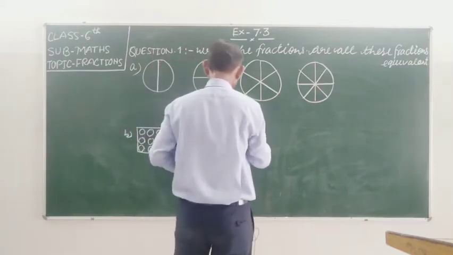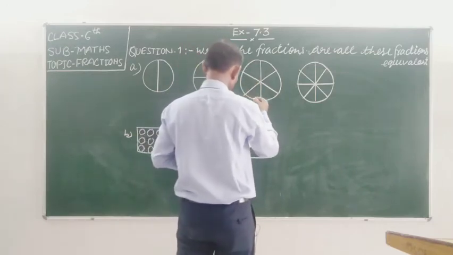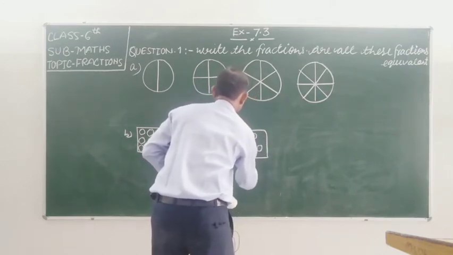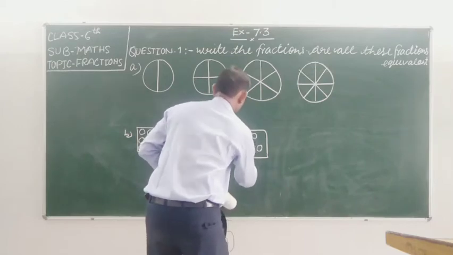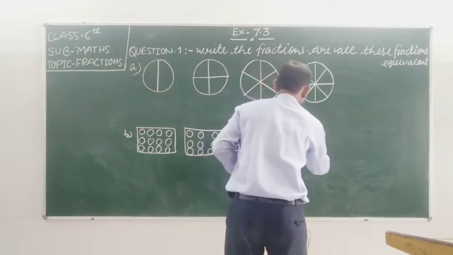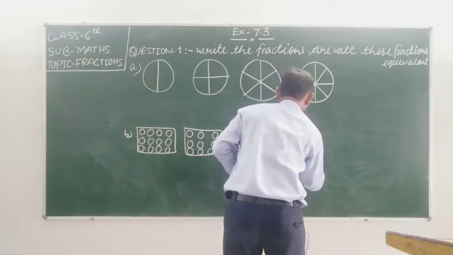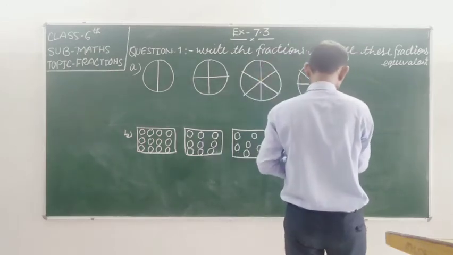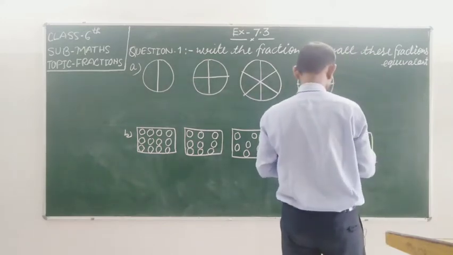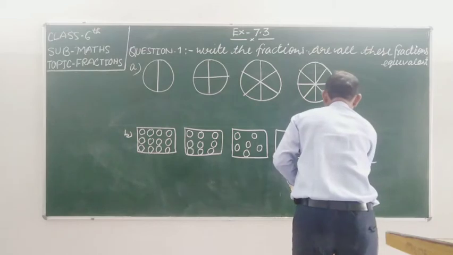And in third rectangle, 6 circles are given, and in fourth rectangle, there are 3 circles given, and in last rectangle, student, there are 15 small circles given.